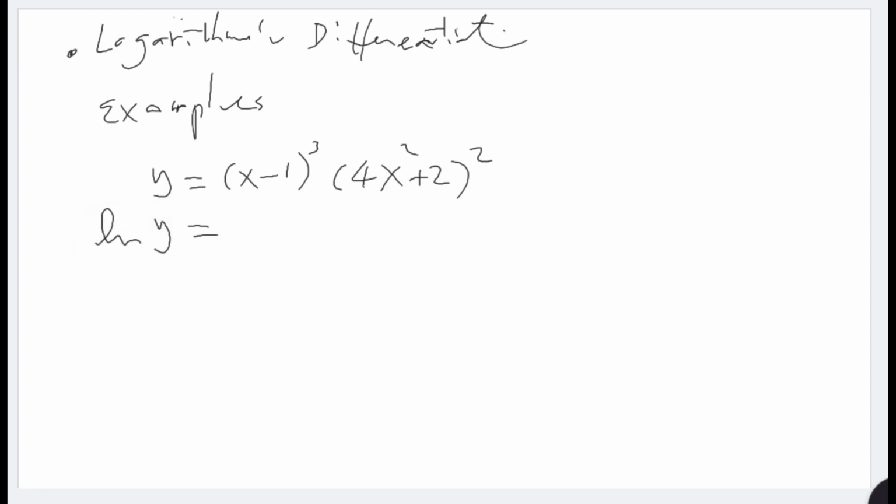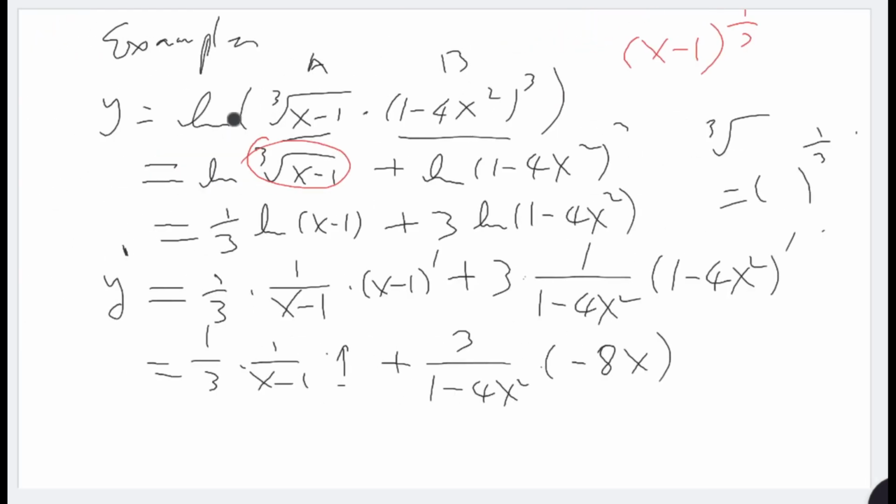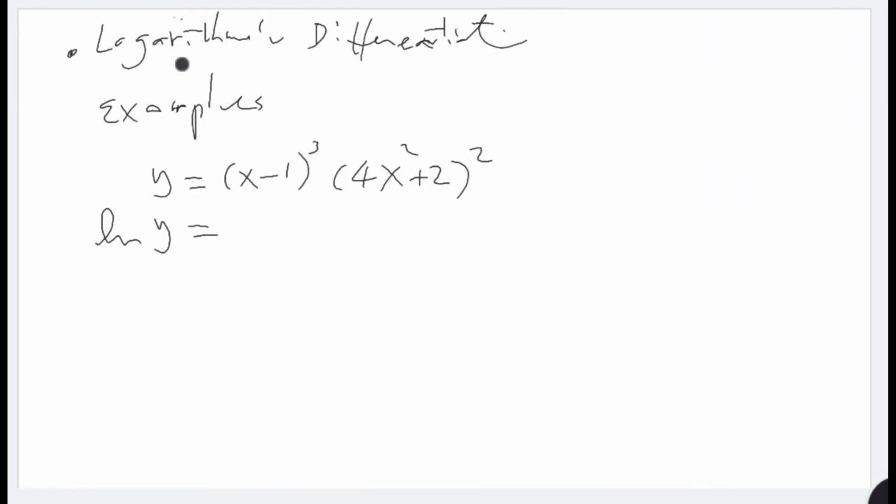Most of the time, there's no log to start out, and that's why we actually take log. If there's already a log, chances are we could just apply the properties to simplify. So this is a new technique, the logarithmic differentiation approach, which applies when there's actually no log to start with.